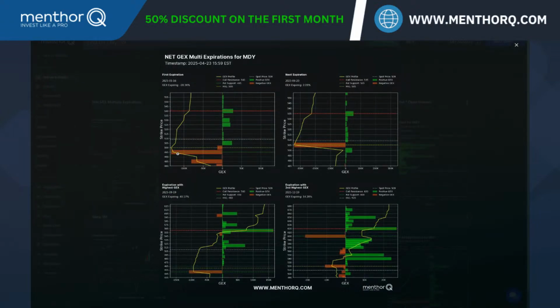So maybe if we go above this price, maybe above 500, maybe we want to sell underneath. So you get a potential squeeze higher, and puts below will get sold and can push it higher. So something to look at potentially.